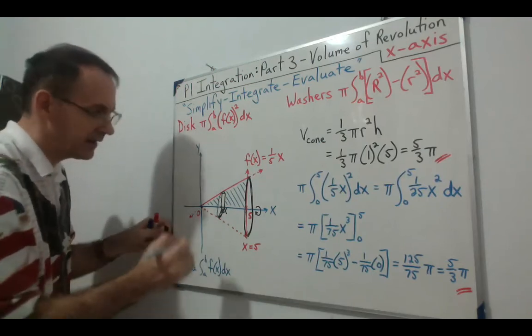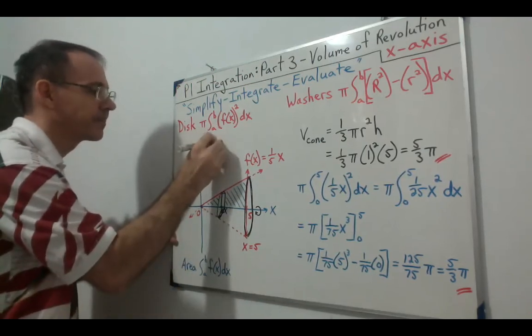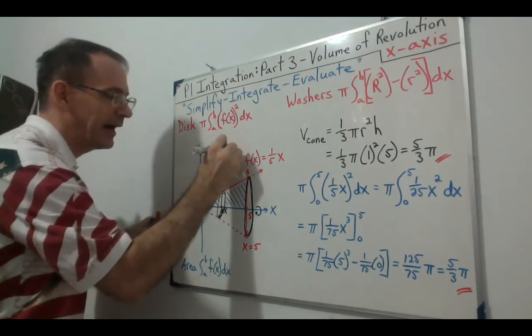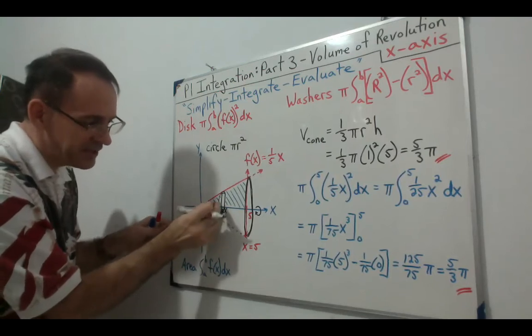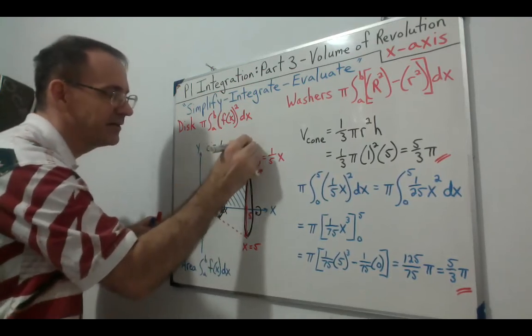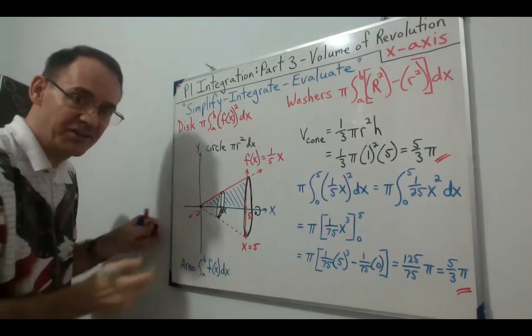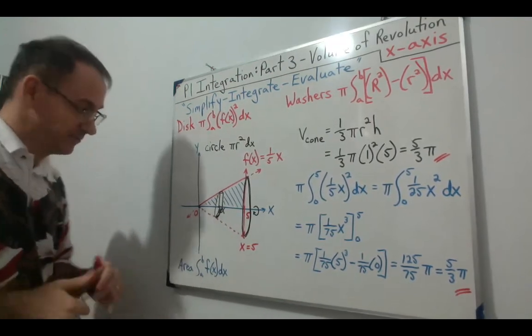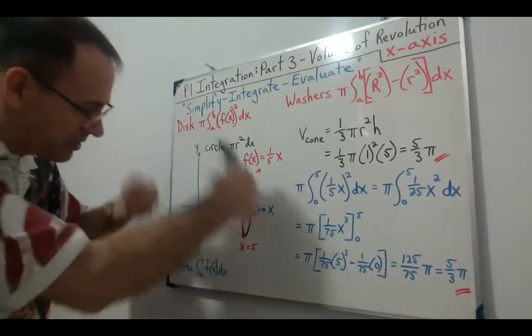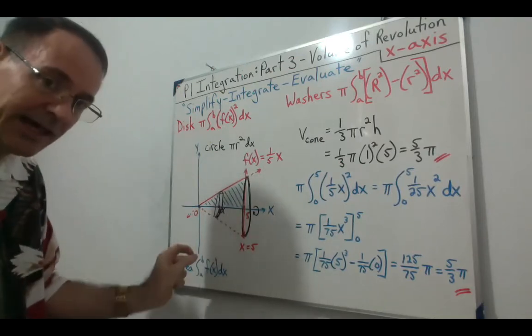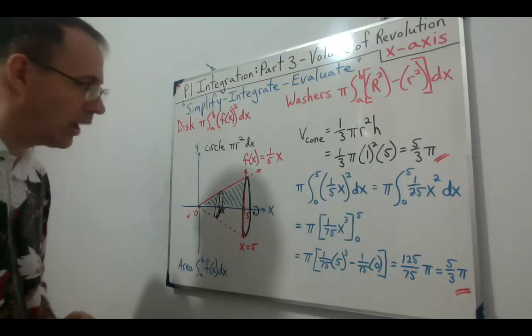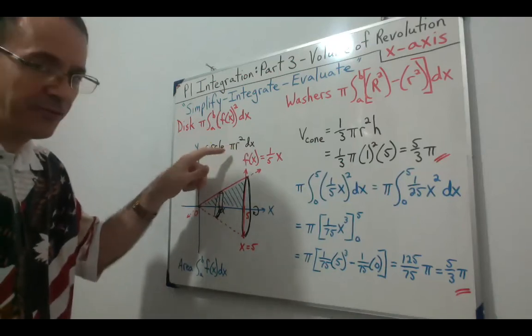So we know that a circle, the area is pi r squared. And then the third dimension is our delta x, the thickness of the circle. So if we rotate it around the axis, we're making a circle, and then we take a slice that's delta x wide, that gives us our volume.